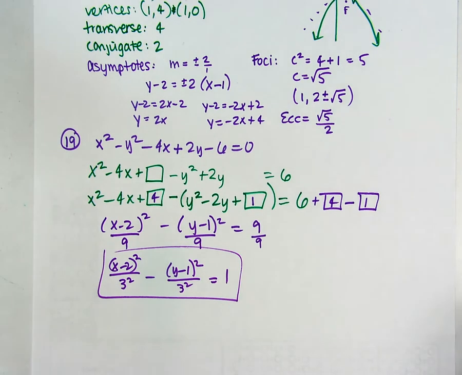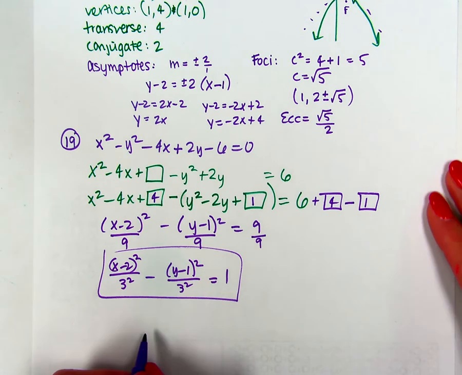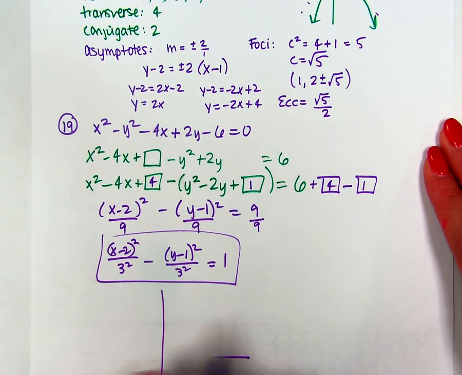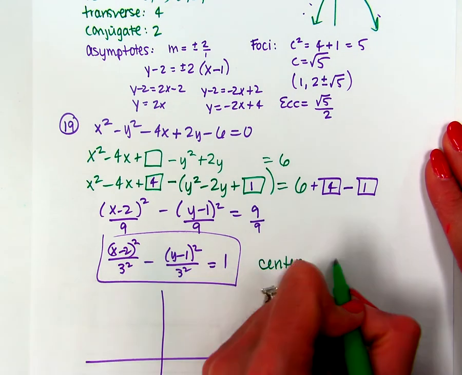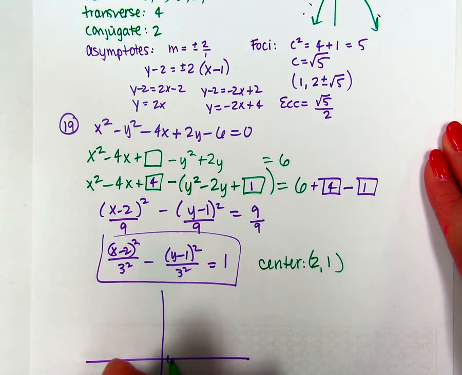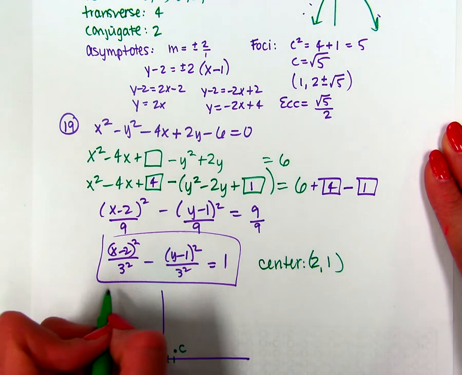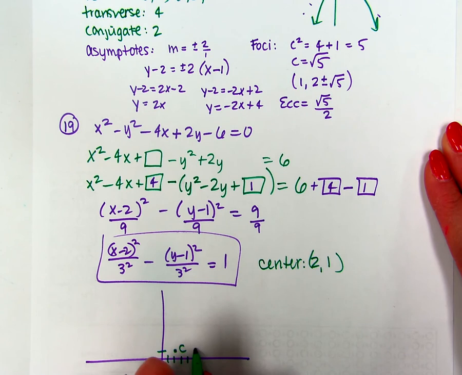And then we're going to identify all of our information. So you can graph first. You can identify stuff along the way, however you want to. I'm going to say that my center is probably where I want to start. So that's at 2, 1. And I'm going to go 3 in the x direction and in the y direction.